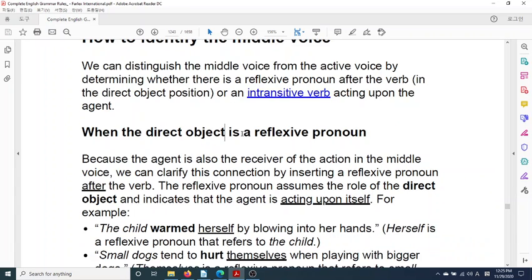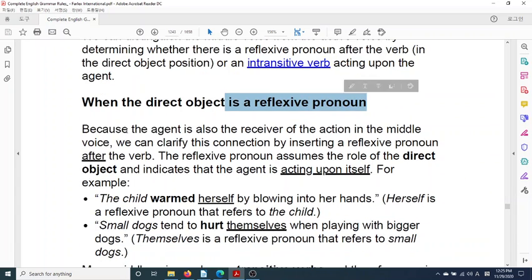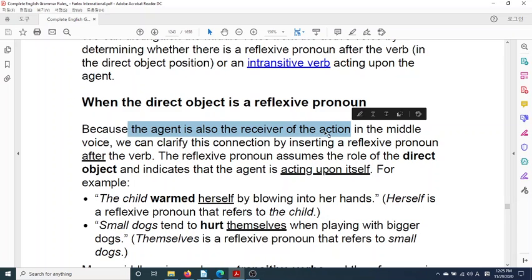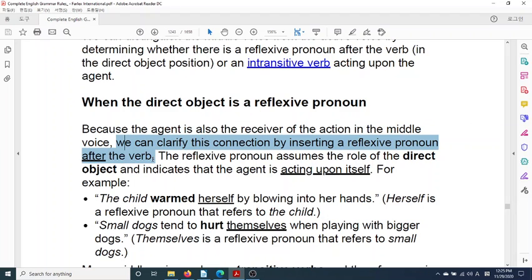When the direct object is a reflexive pronoun, because the agent is also the receiver of the action, they are the agent, but they're also the subject and object. In the middle voice, we can clarify this connection by inserting a reflexive pronoun after the verb.